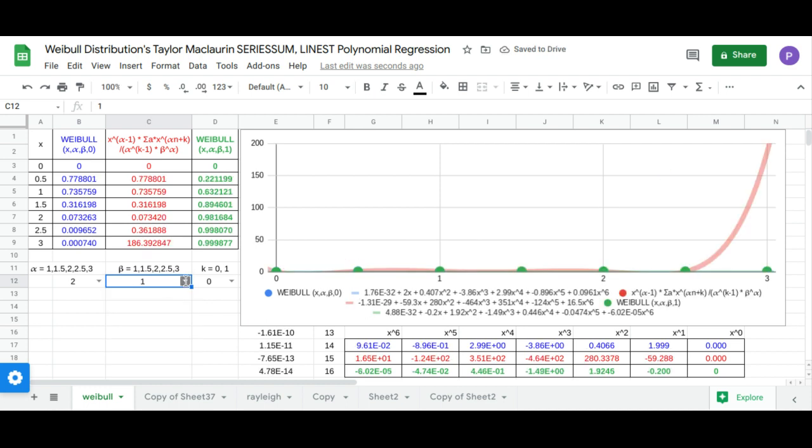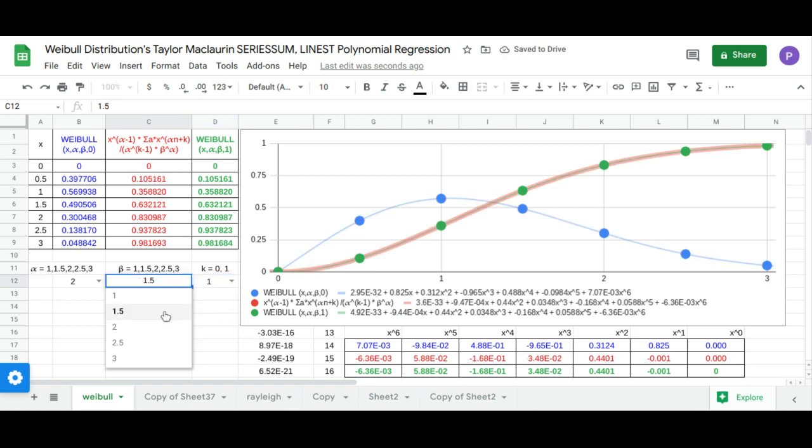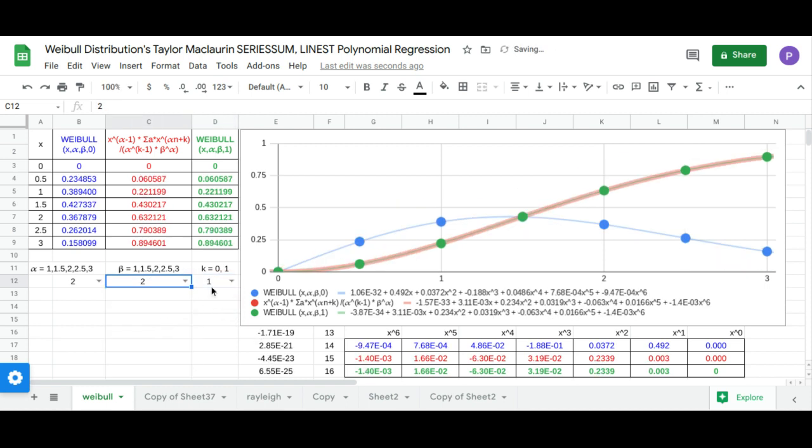It doesn't show, but we go higher. You have a value, and we can toggle this to 1 and 2. We can toggle this to 0.